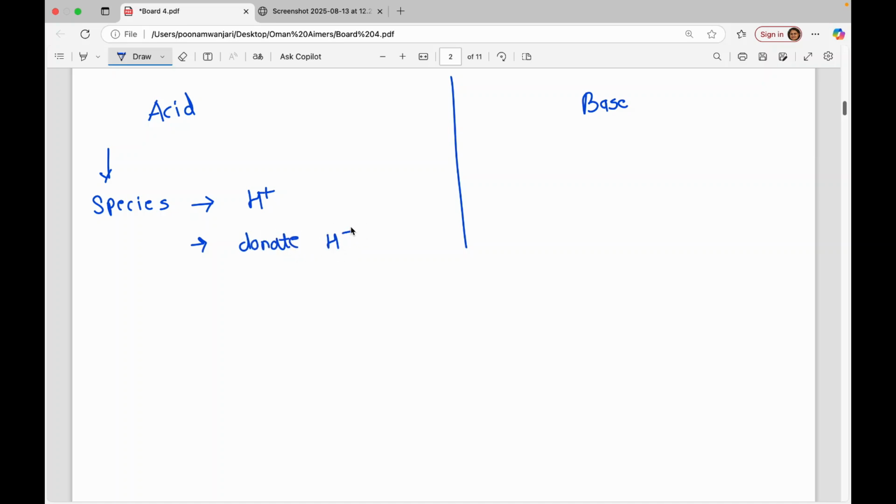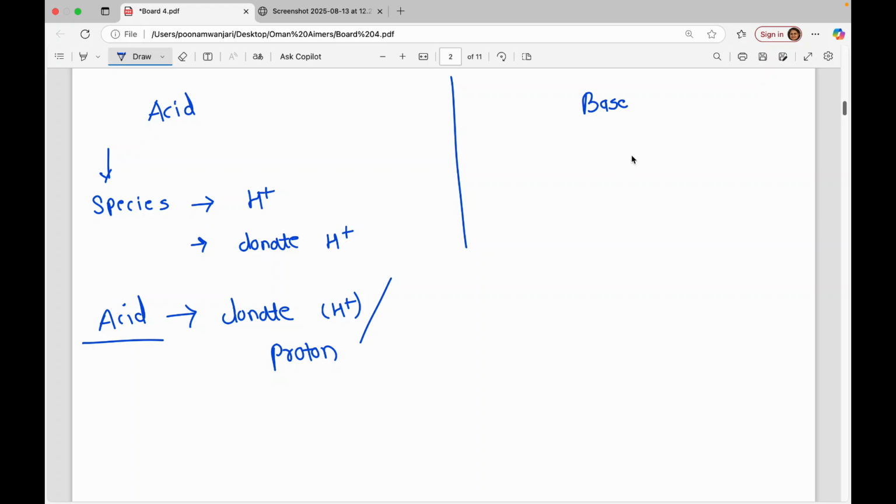So in simple words, according to the Bronsted-Lowry concept, an acid is a substance which can donate H+, which we can call a proton. A proton donor is an acid.